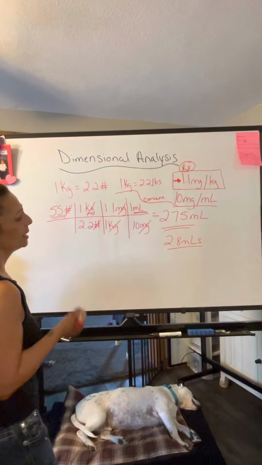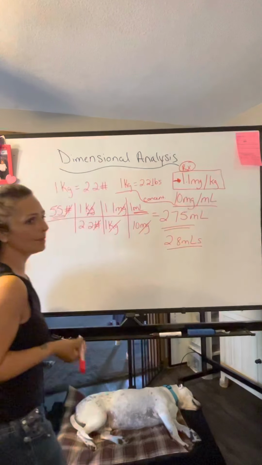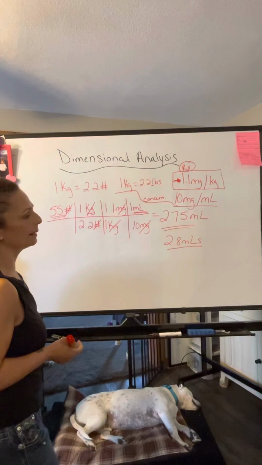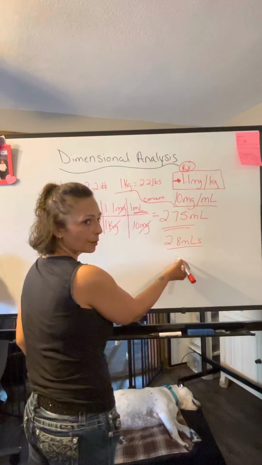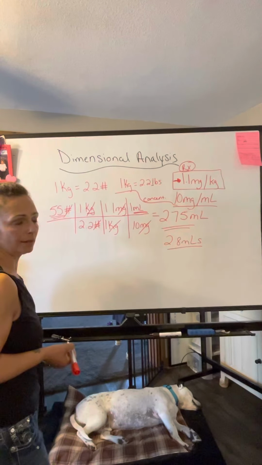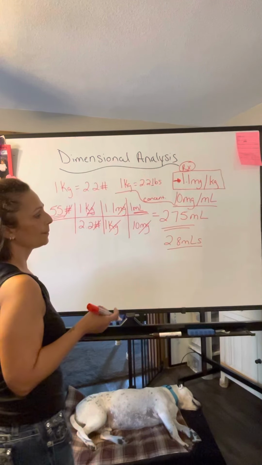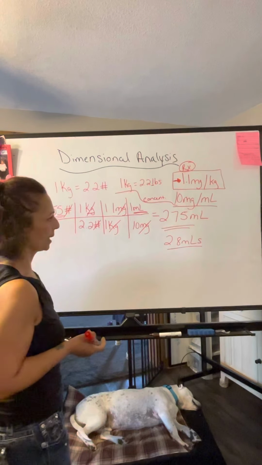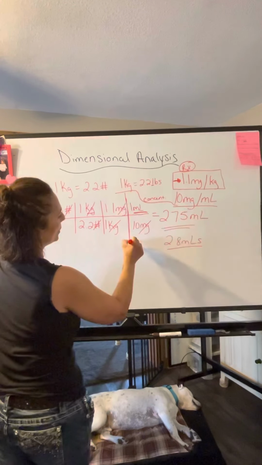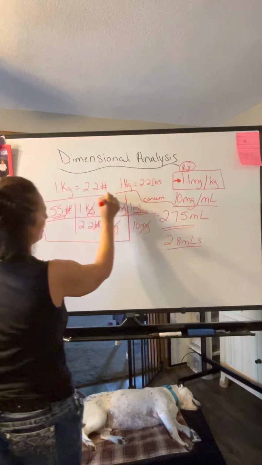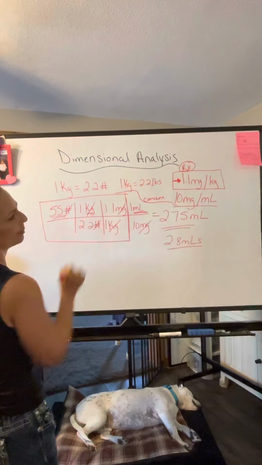Now remember, I said you're going to have to write in the medical record. If you write, I administered 2.8 mLs of a drug, let's say called xylazine, somebody may ask you, was that 10 mg per mL or was that 100 mg per mL xylazine? So that's why it's important to make sure that you put the total number of milligrams in the medical record. So if we stopped here, remember what I said. Instead of adding the concentration, that's going to give you the total number of milligrams.